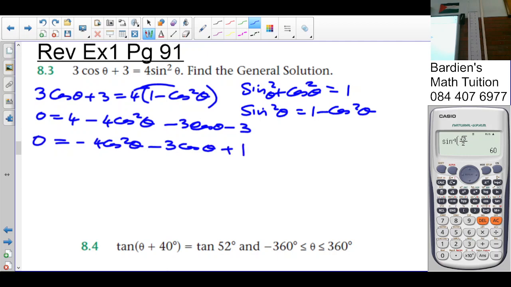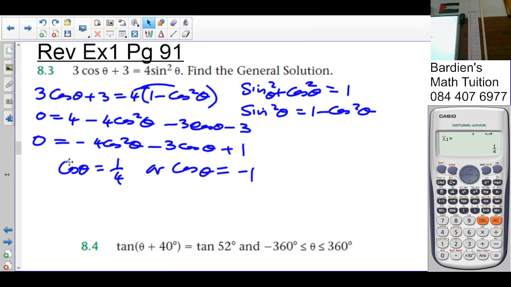Now you can divide by negative, factorize, use the quadratic formula, any of the above. So I go negative 4, there's a quarter and 1, negative 3 and 1 is negative, it's a quarter. So cos of theta is a quarter, or cos of theta is equal to negative 1.